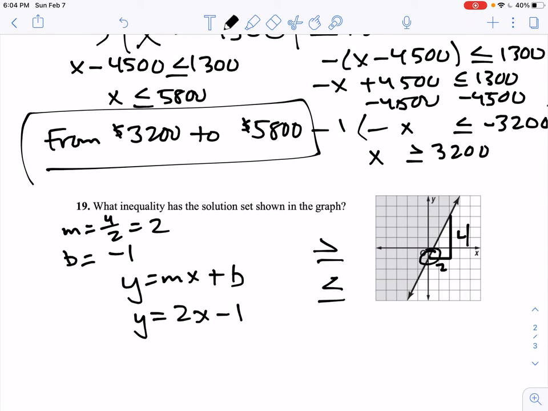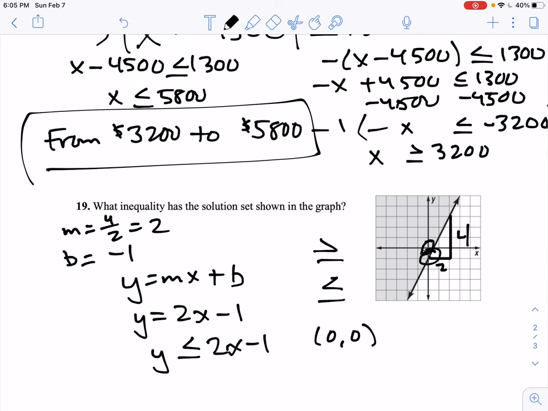But let's do this. Let's take 0. Let's say we didn't know about that greater than or equal thing, right? So what we're going to do is assume it's this. So let's put the point 0, 0 in.